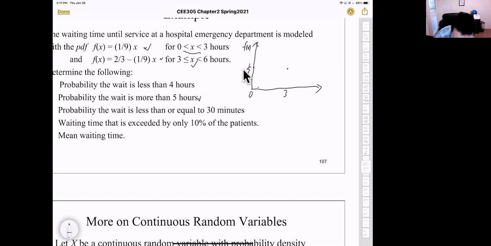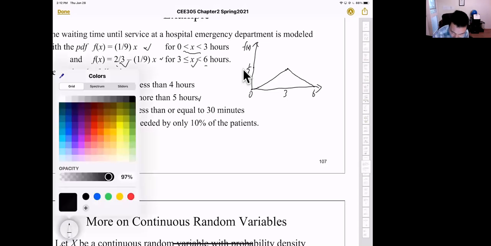Okay, so this part is a straight line. And for between 3 to 6, it becomes the second equation. So when x equals 6, f(x) will become 0. So the shape of the curve will be something like this.